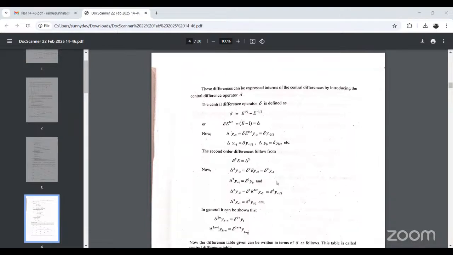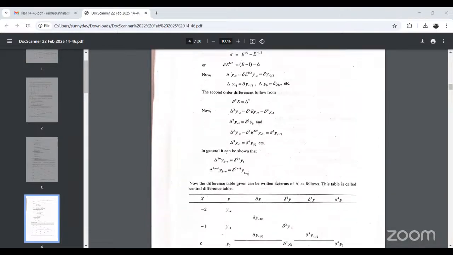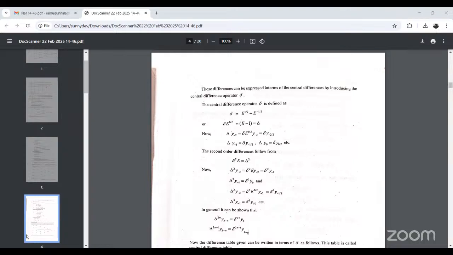Here in the short answers we can expect questions like: show that delta equal to E minus 1. So delta, the difference operator, equal to E power of 1 by 2 minus E power of minus 1 by 2. Or if we take 1 by 2 common on both sides, we get E minus 1.